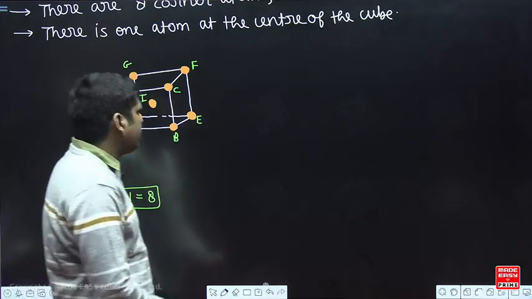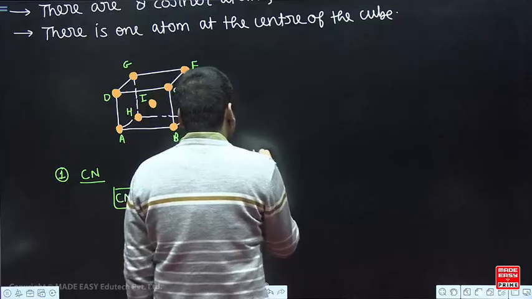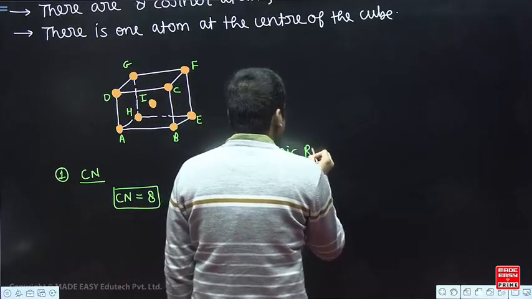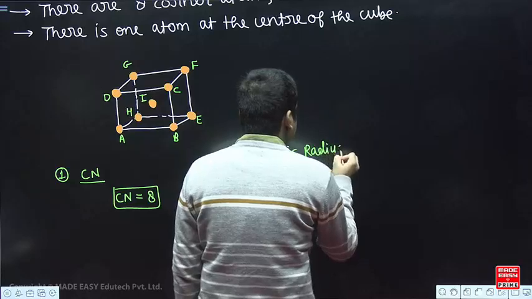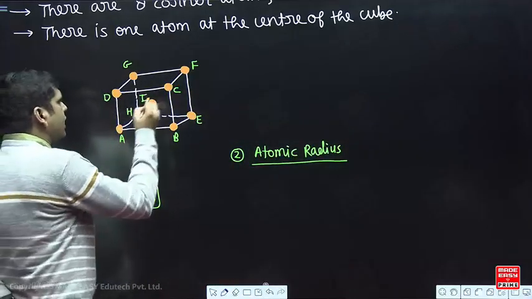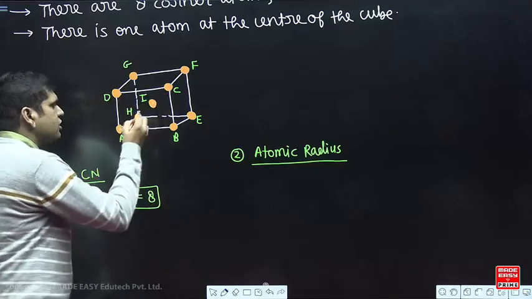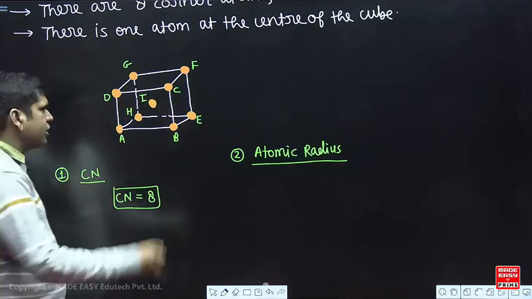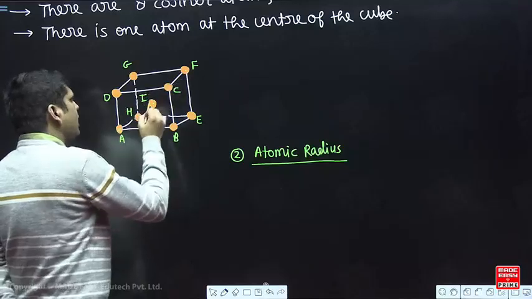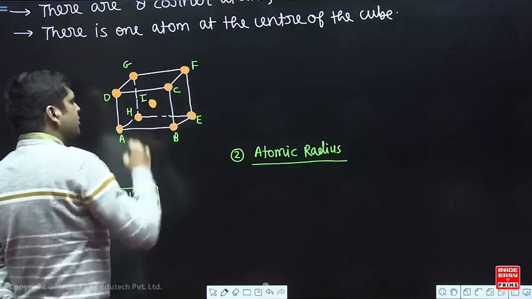Now we want to calculate the atomic radius. Let us see this figure again. Dear friends, A and I will touch each other because they are the corner atom and the center atom, and I will touch F also. So A, I and F are in the same line.